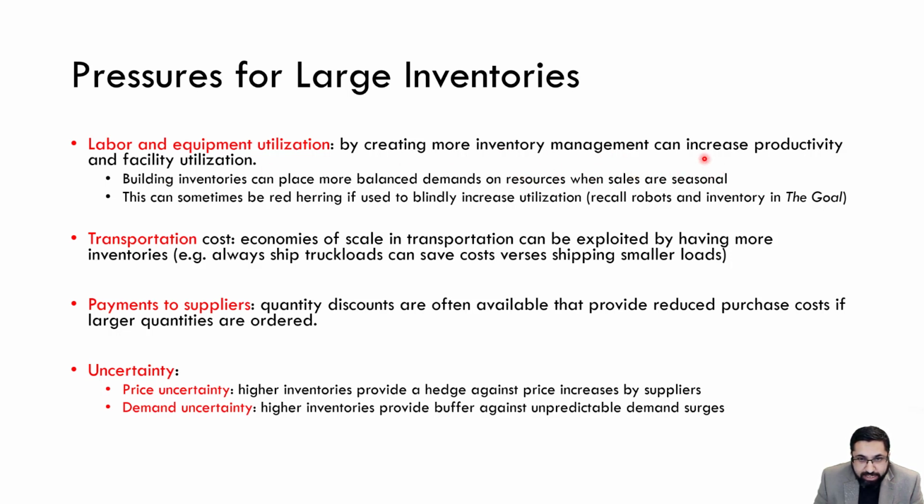So if sales are seasonal, right? So if you have sales increase drastically, so for example, let's say this is time, right? And let's say you expect your sales to peak in December, holiday season, you might start producing inventory right here.